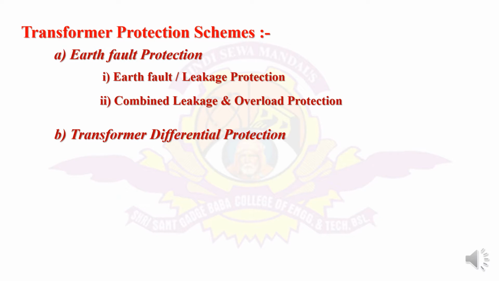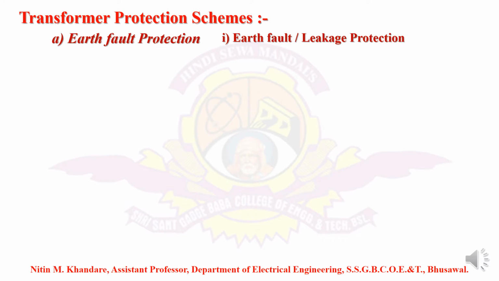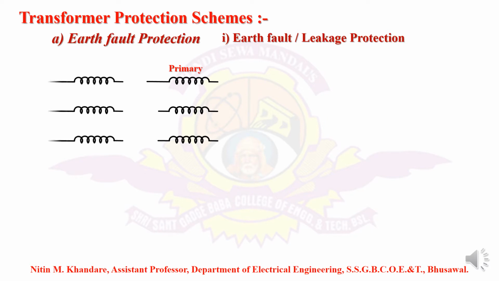Let us start with the first subtype of the earth fault protection, that is, the earth fault or leakage protection. So we are considering the power transformer. These are the primary windings of the power transformer, whereas the secondary is here.